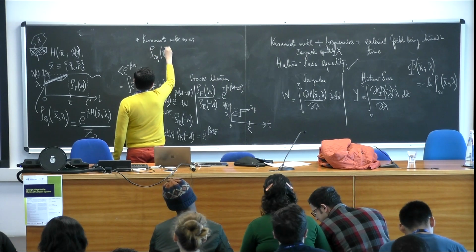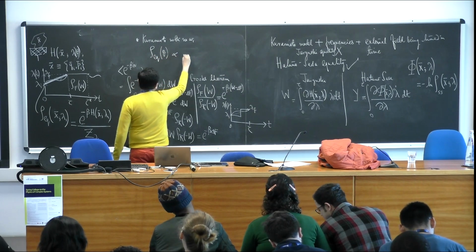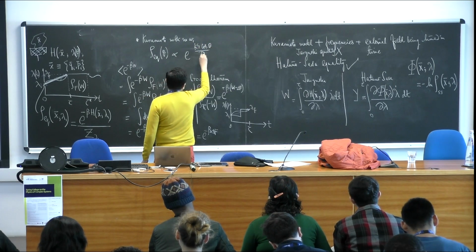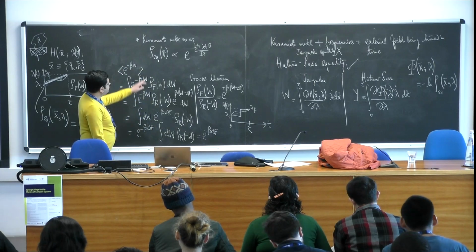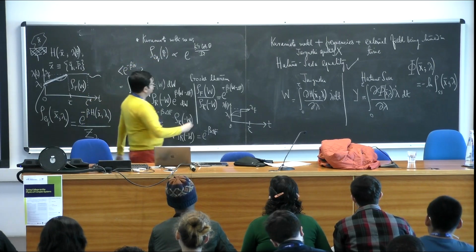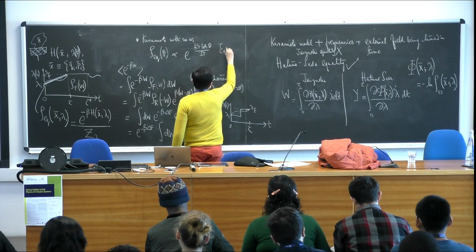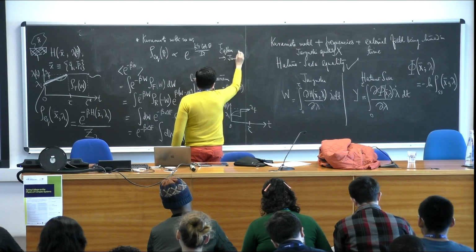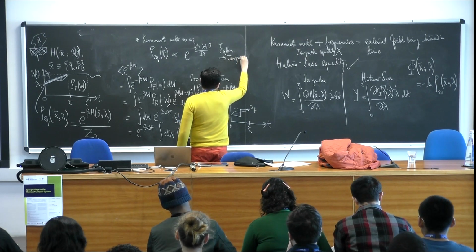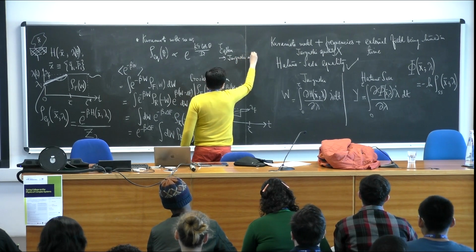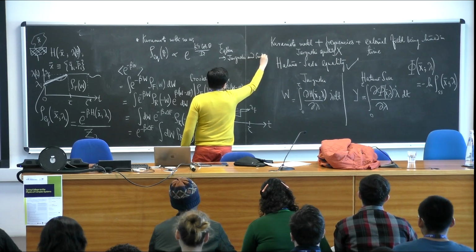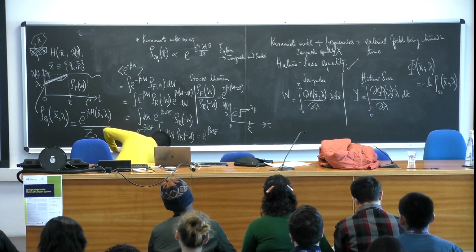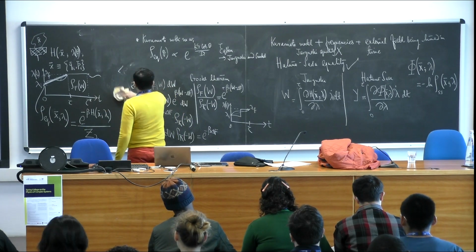If you recall, this one had the form e to the K r cos theta by D. This was the form that we had when we had no frequencies. So this one is the equilibrium stationary state, and therefore Jarzynski and Crooks hold. But the next thing is what happens when you have frequencies.